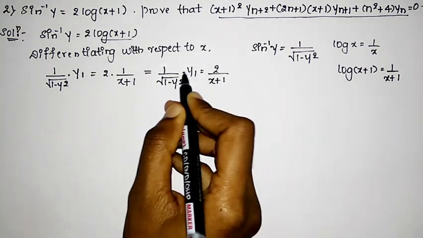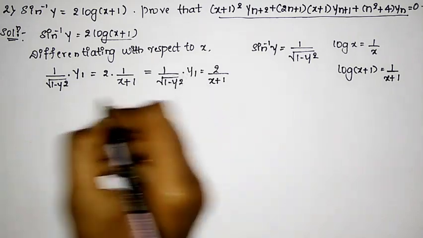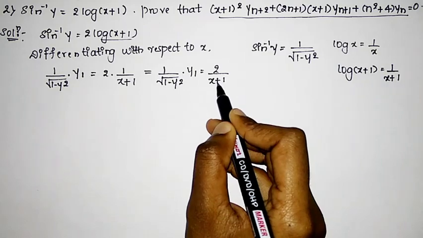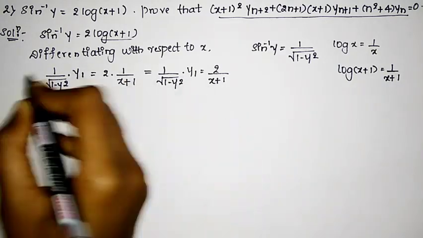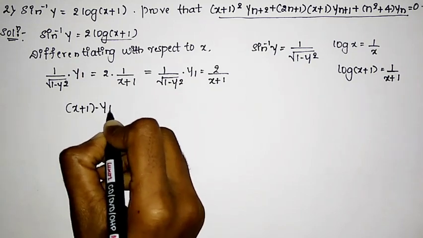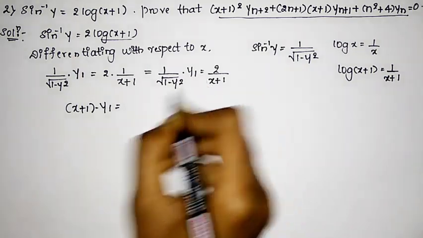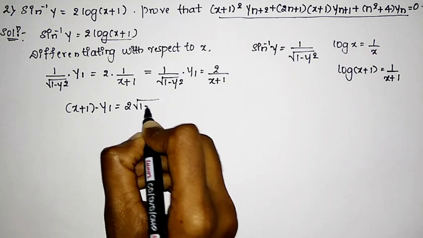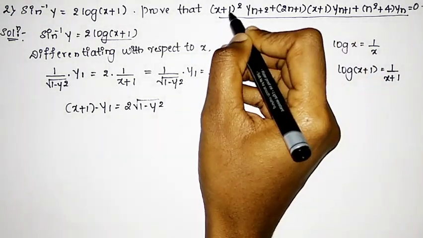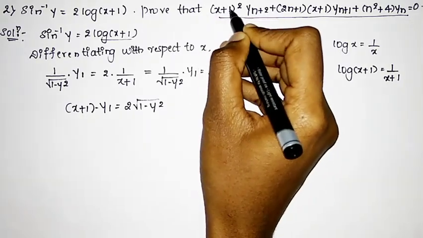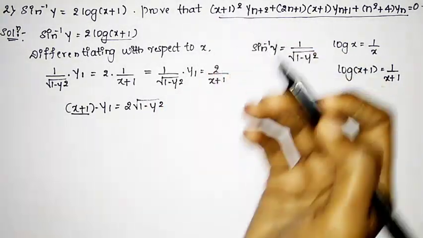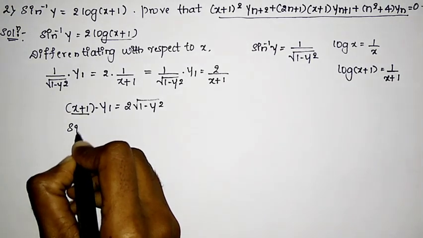Then we can also modify this equation. Because we need to prove that x plus 1 whole square, so just take x plus 1 on the left hand side. So we have x plus 1 into y1 is equal to 2 into square root of 1 minus y square. But here it is only x plus 1, so in order to obtain x plus 1 whole square, we need to square on both sides.